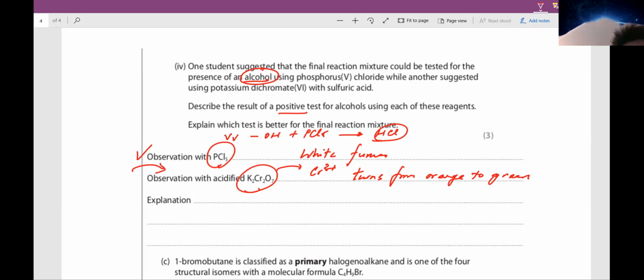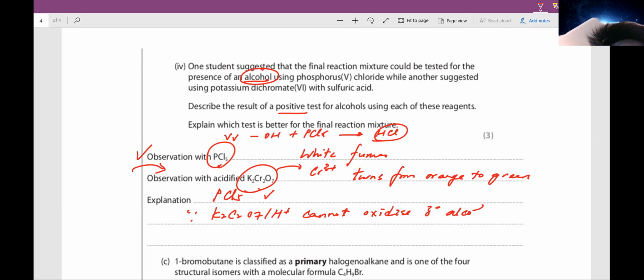If you use PCl5, you can test alcohols of any degree. So I will say PCl5 is better because acidified K2Cr2O7 cannot oxidize tertiary alcohol. Okay, understand?